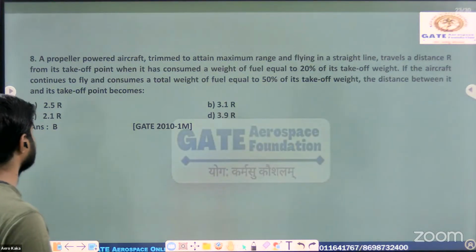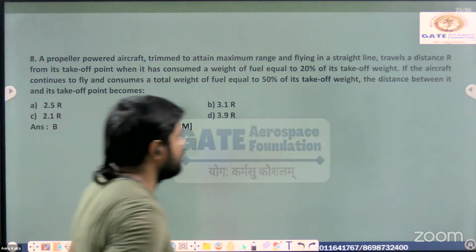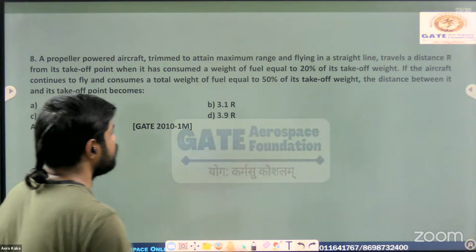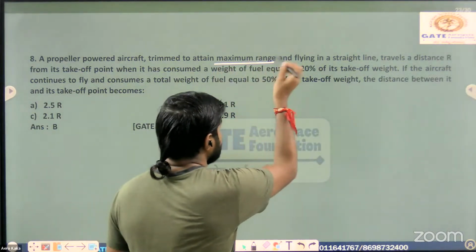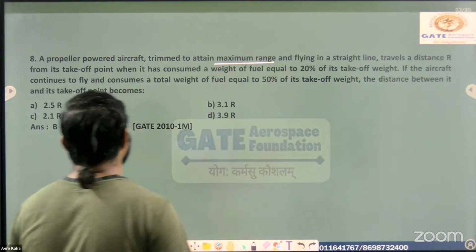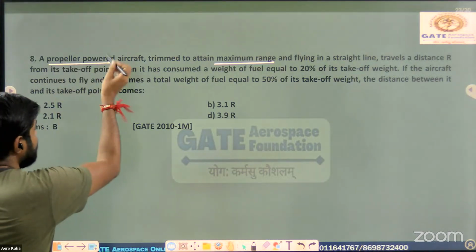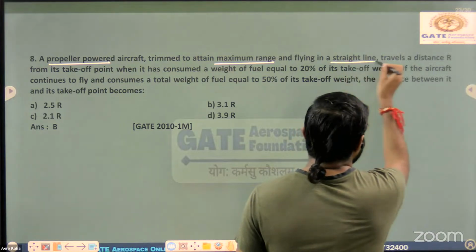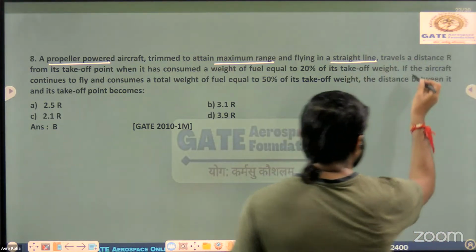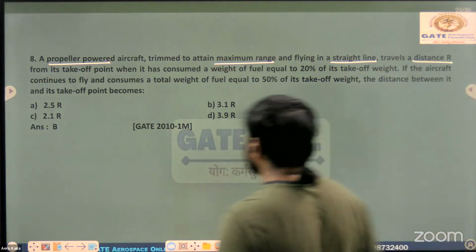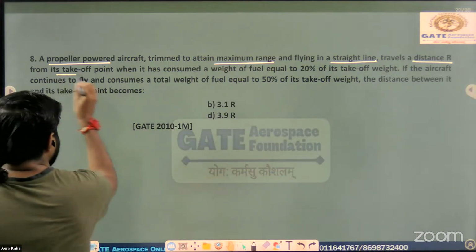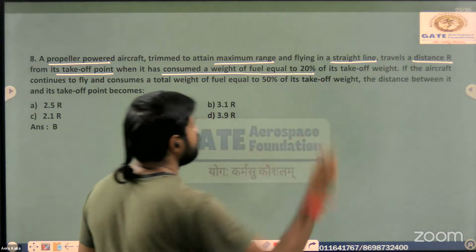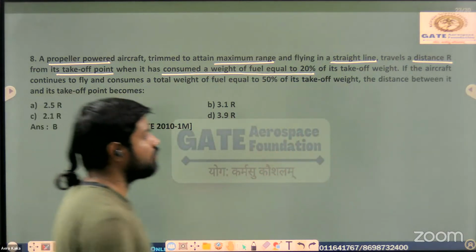Now, another question. Question number 8. They are saying a propeller powered aircraft trimmed to attain maximum range, flying in a straight line, in a steady state level flight, travels a distance capital R from its takeoff point when it has consumed weight of fuel equal to 20% of its takeoff weight.